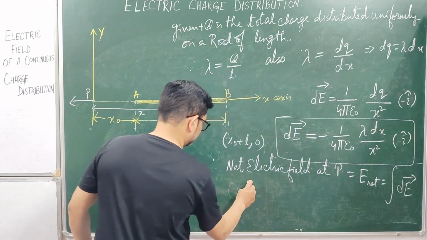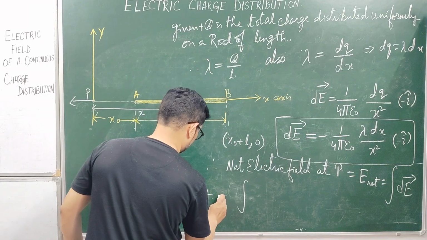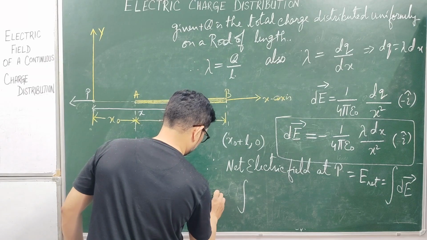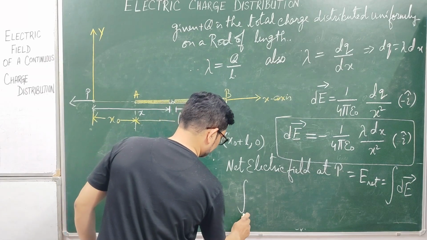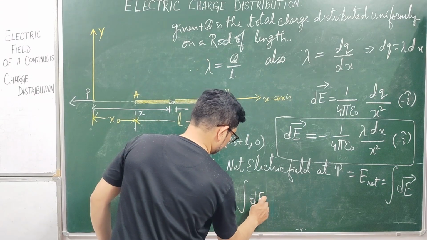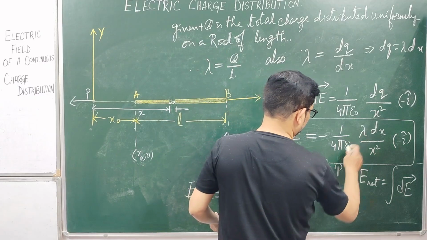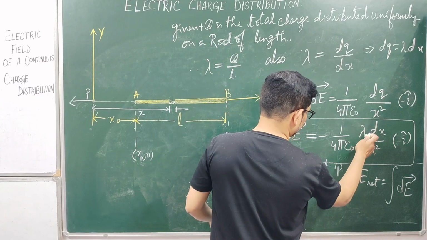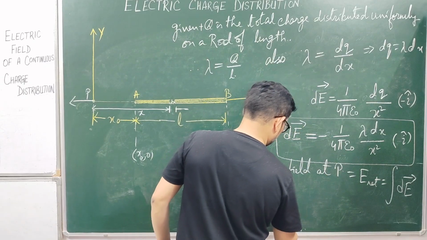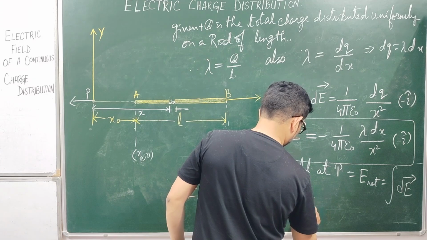So E net at P is equal to, you integrate this, everything is constant, lambda is constant, so you take it out, minus remains as it is, it comes out to be 1 over 4 pi epsilon naught.